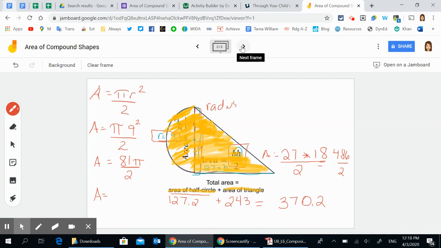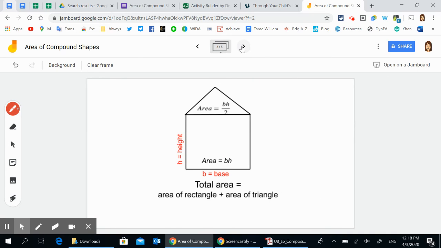Okay, let's look at another example you will see on your quiz. Here I have a house, so I'm looking for two shapes. Let me turn my highlighter back on. I see a rectangle, and then I also see a triangle.